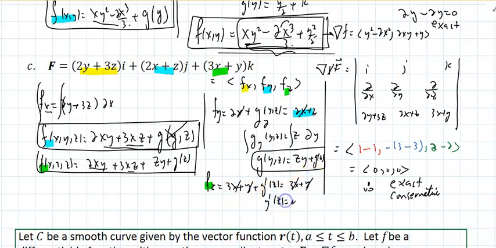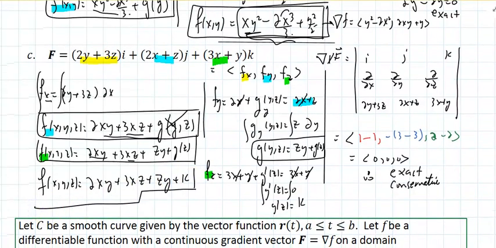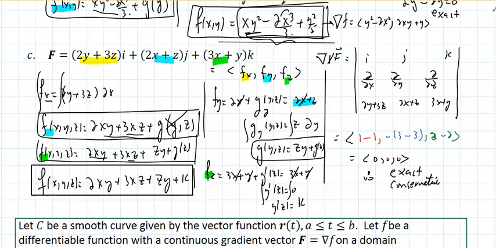If g prime of z equals 0 and you integrate, then g of z is simply a constant. So f of x, y, z would be 2xy plus 3xz plus zy. You could write plus k where k is a constant. The back of the book will always make that a 0, and that's my final answer.